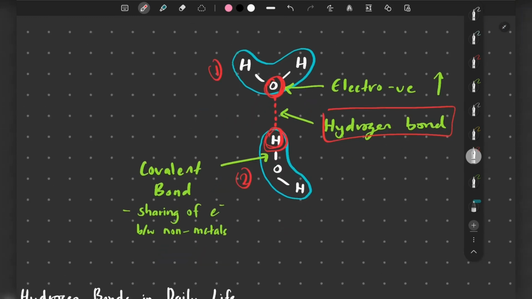So yeah, this is very basic. We learned in the previous video that covalent bond is a sharing of electrons between non-metals. That is why I said that hydrogen bond can only occur between molecules. It cannot occur in the molecule, because this is one molecule. So this hydrogen and this oxygen are called a covalent bond. It's not a hydrogen bond.